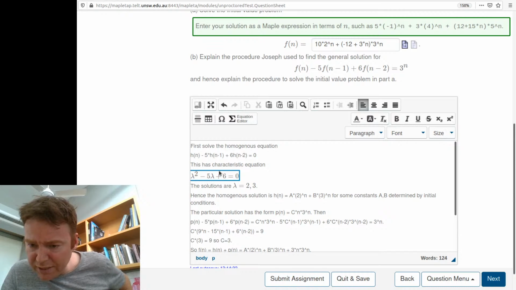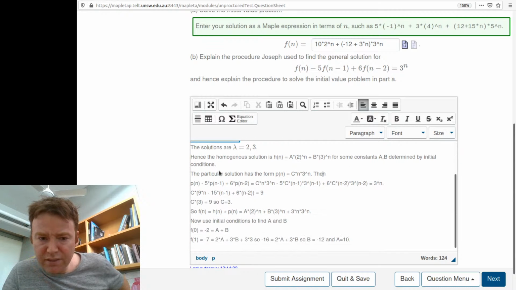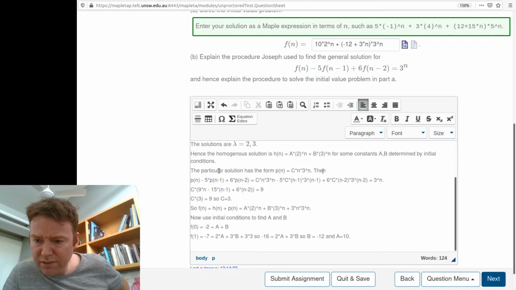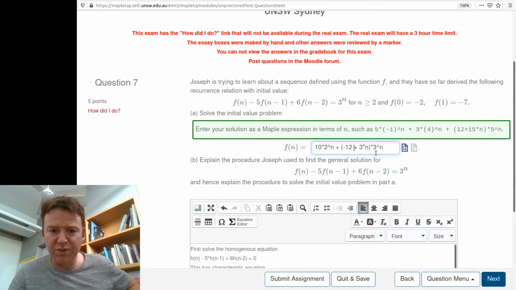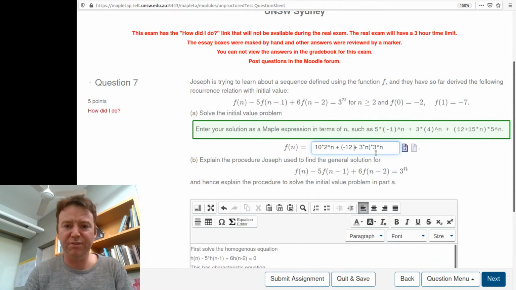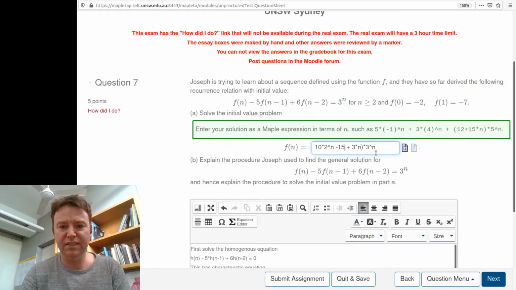Minus 15. Is that not what I had? What? They want that. So you're saying they want minus 15 times 3 to the n.